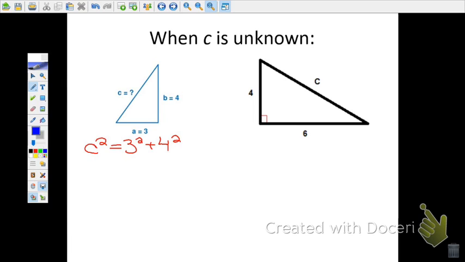On the right side, 3 squared is 9, 4 squared is 16, 9 plus 16 is 25. So c squared equals 25. But I'm not looking for c squared, I'm looking for c.